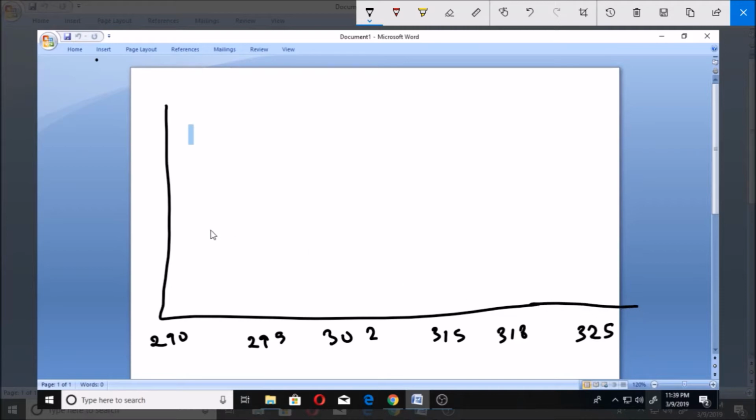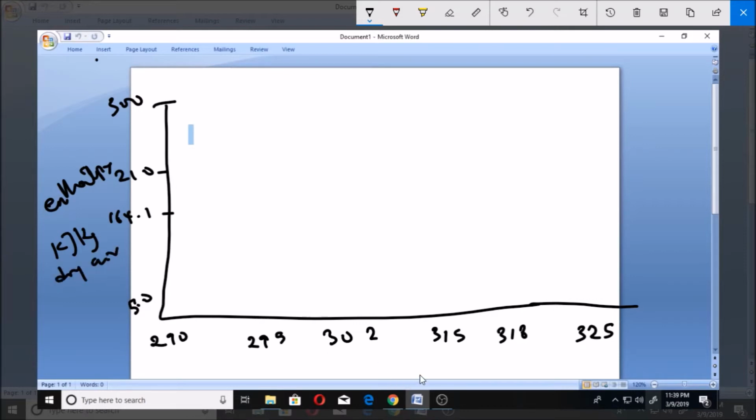So this is what we have. Here we have 50, we have 164.1, we have 210, we have here 300. So this side is known as the enthalpy in kilojoule per kilogram dry air, whereas this side is the liquid temperature in Kelvin.